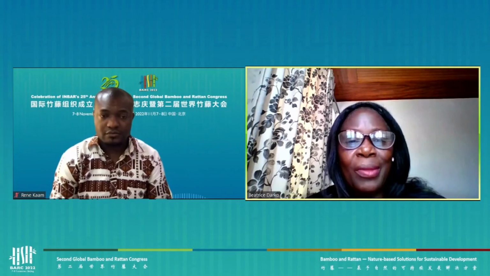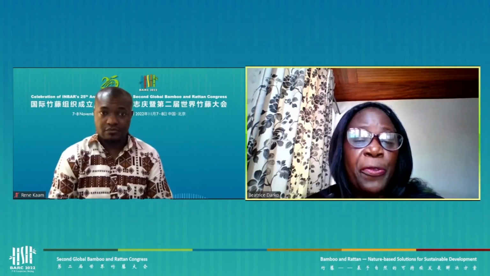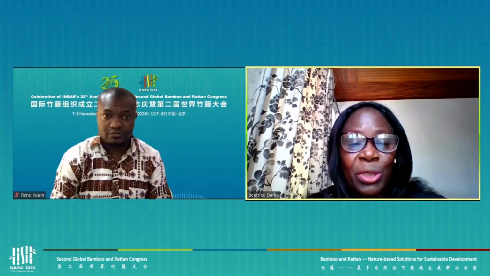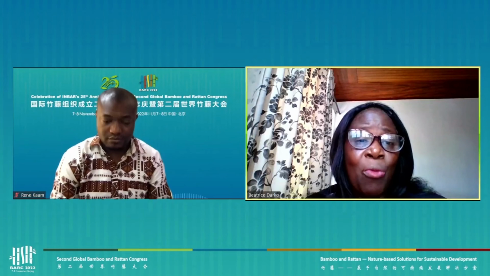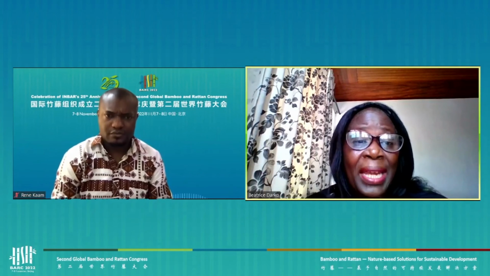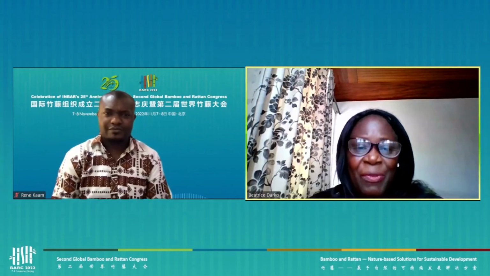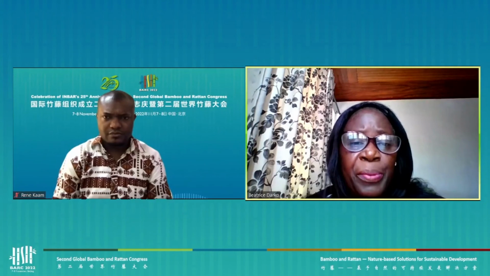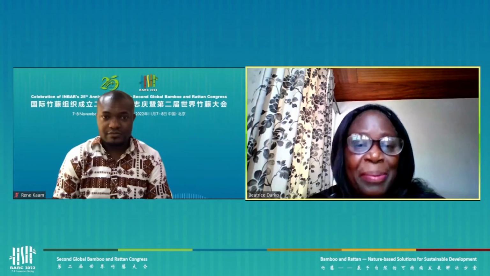So although it contributes to local economic improvement, it is not documented in most cases, so we don't see much of it. Because of less emphasis on NTFPs and more concentration on timber, there are really no policy actions, even if the forest policy says we are going to promote NTFPs. Actions to promote these NTFPs are nearly absent.